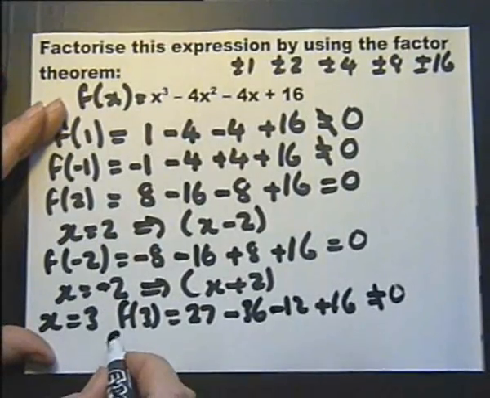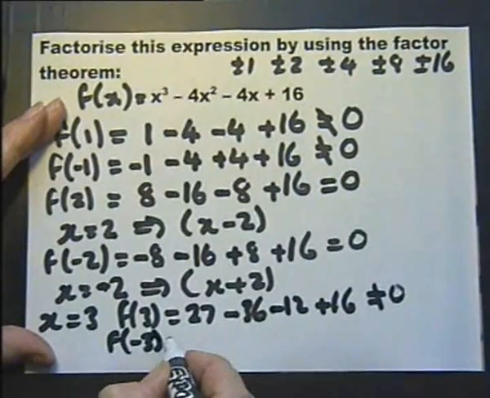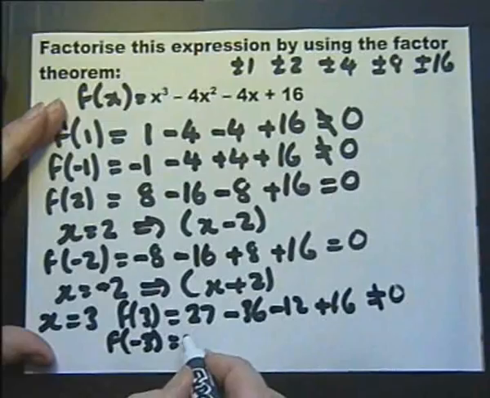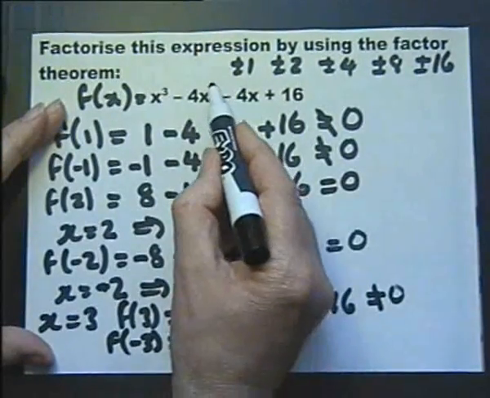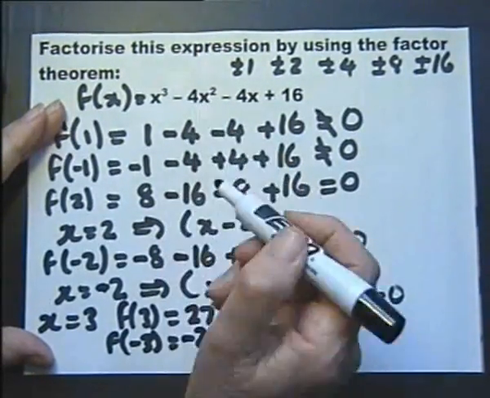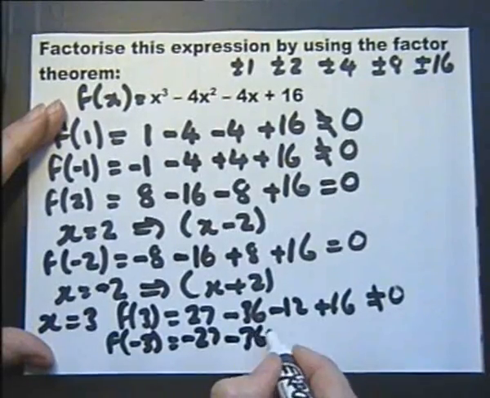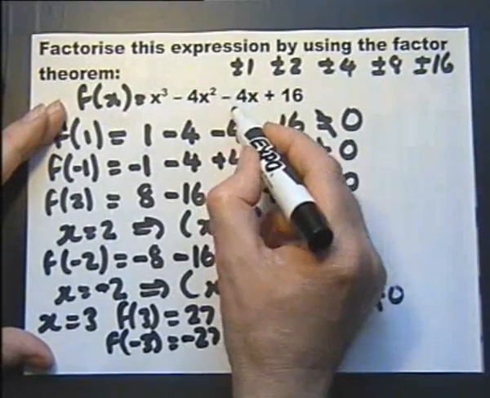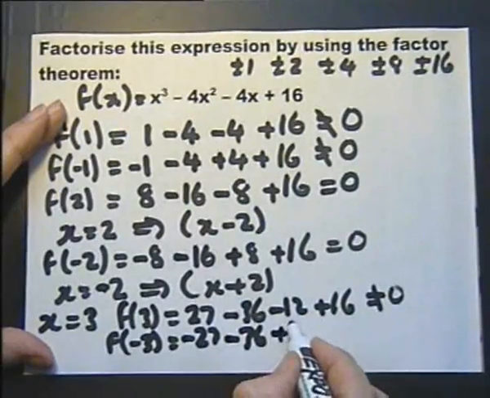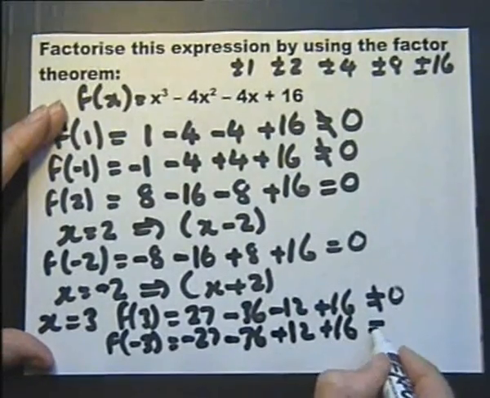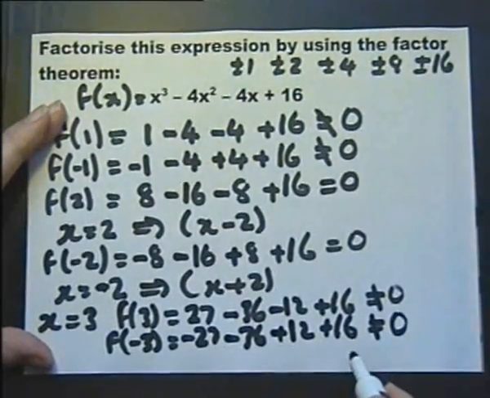Now let's try minus 3. When x is minus 3, that will be minus 27. That will be plus 9 multiplied by the minus 4 is minus 36. That will be minus 4 times minus 3, which is plus 12. That doesn't come to 0.